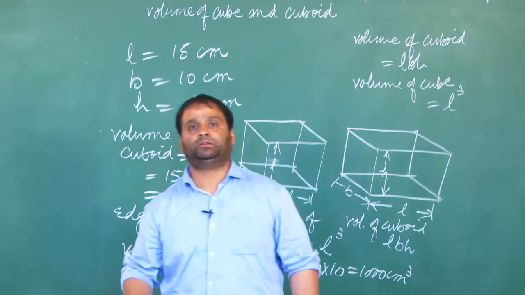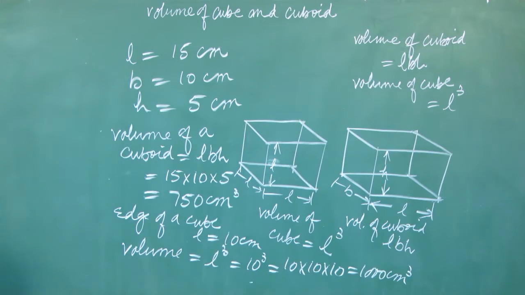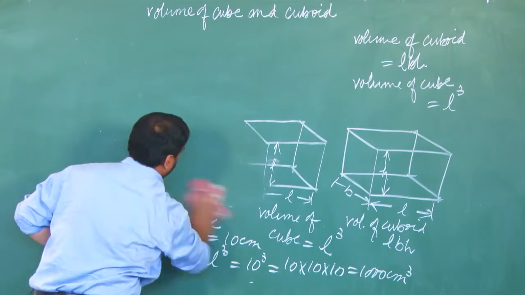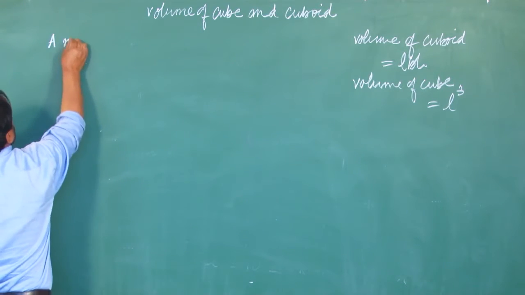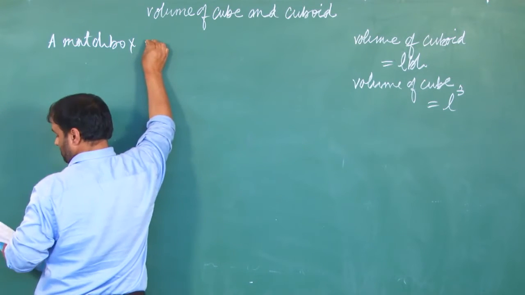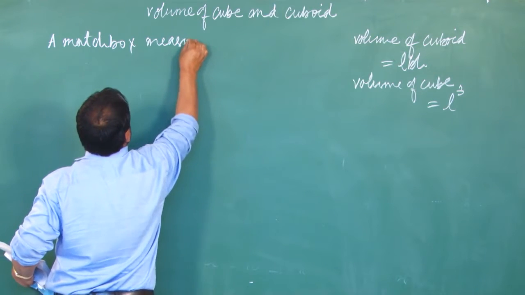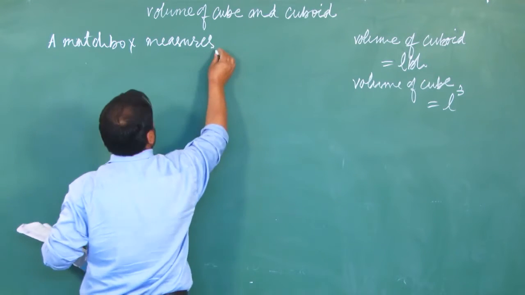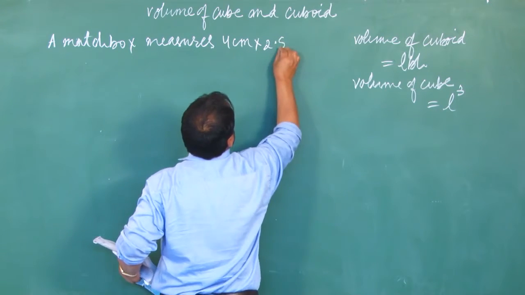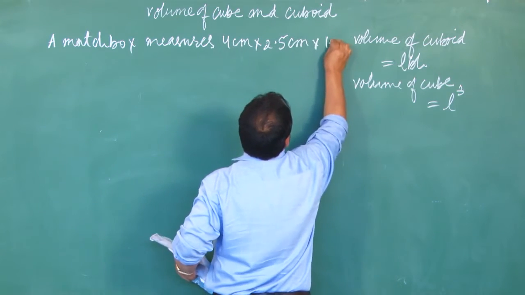Let's take some examples from your book. There is a question that a matchbox measures 4 centimeter by 2.5 centimeter by 1.5 centimeter. Let me write this question on the board. A matchbox measures 4 centimeter by 2.5 centimeter by 1.5 centimeter.